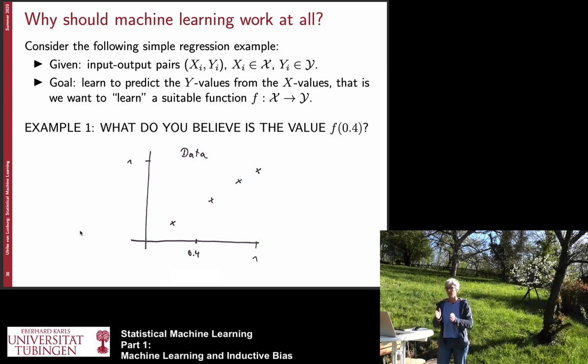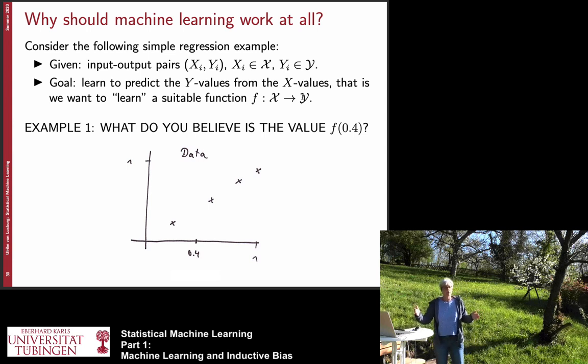You always see the x value on the x-axis and the y value on the y-axis. And what we want to do is learn a general function that can predict the y values from the x values. So we want to learn a function f that goes from the space curly X, which is the space of all input points, to the space curly Y, which is the space of all output points.